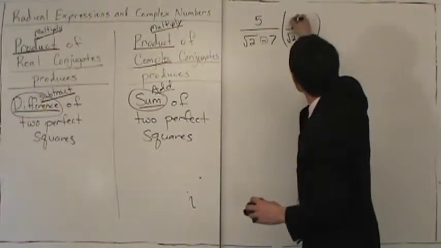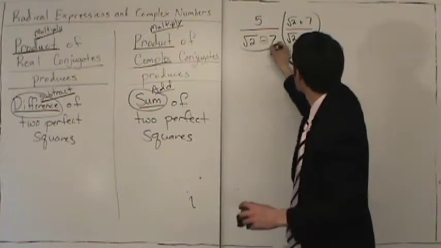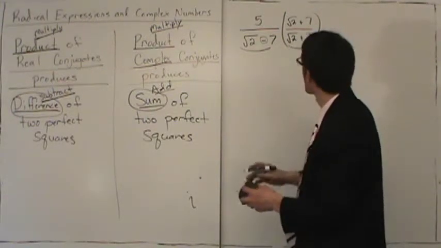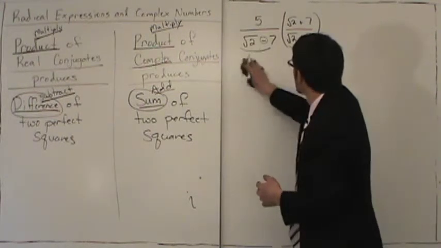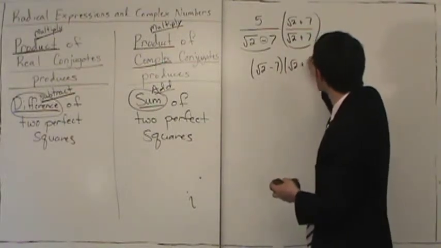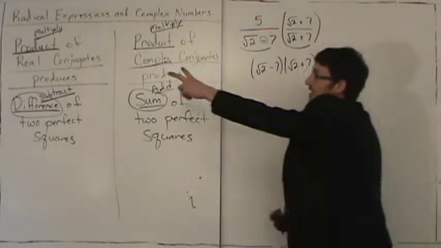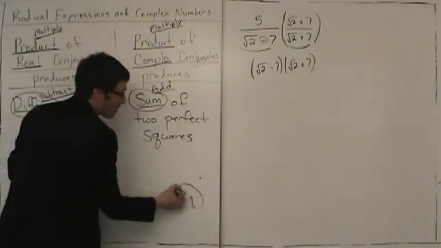Now on top, we're going to multiply by root 2 plus 7. Same thing. Now, we have conjugates, or we say that these are real conjugates. Root 2 minus 7 times root 2 plus 7. Remember that real conjugates, real means there is no i. There is no imaginary unit.